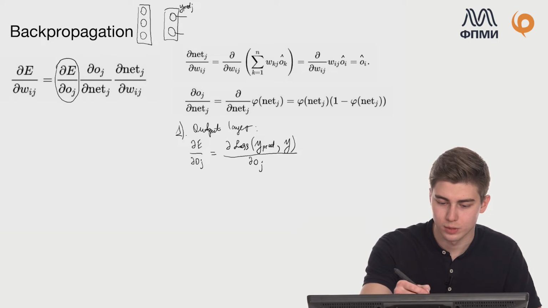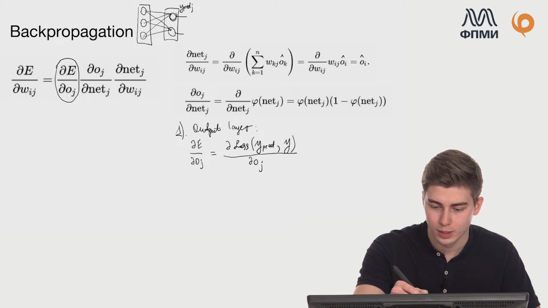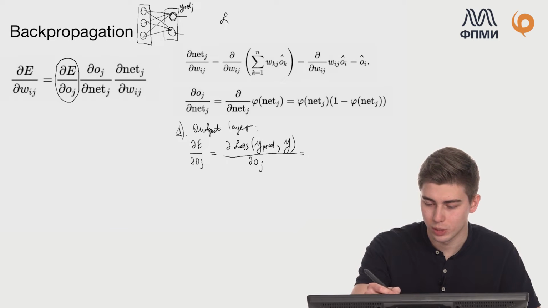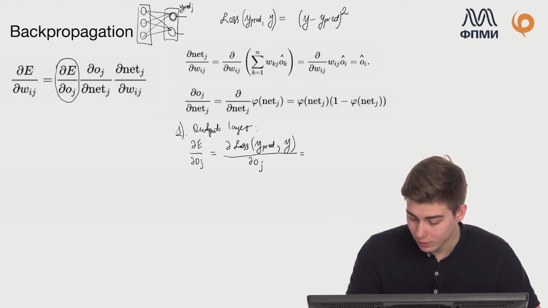We have this network. We'll talk about this network, and now let our loss be the squared loss. And we can derive this.